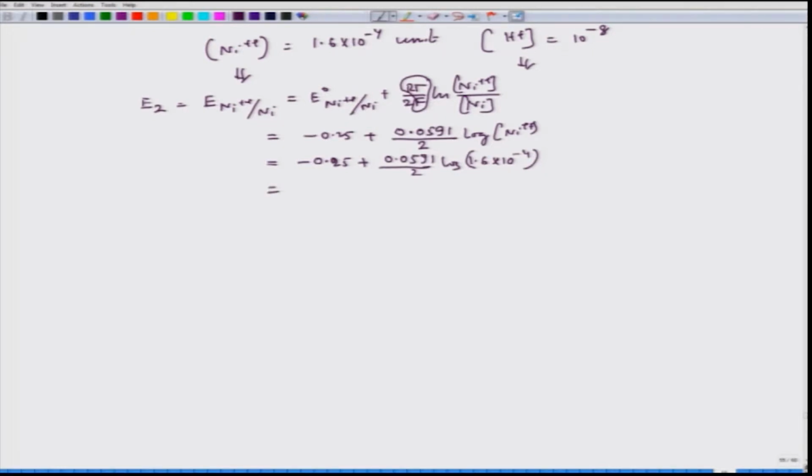This becomes minus 0.25 minus 0.112 volt, equal to minus 0.362 volt. So, E2 is nothing but this much.